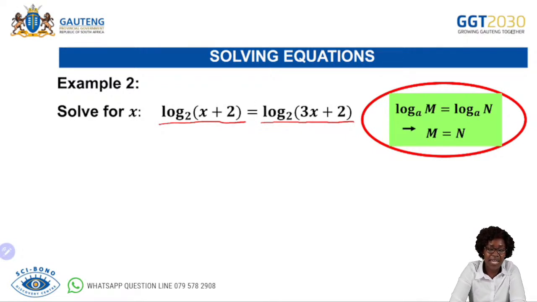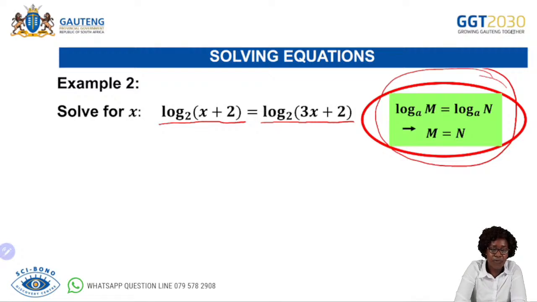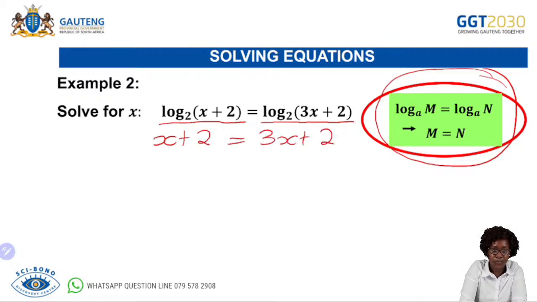Now, if the bases are the same, we can apply this rule that I've just highlighted to you. If the bases of the logs are the same, we simply take the numbers that we have next to the log. So x plus 2 will be equal to 3x plus 2.